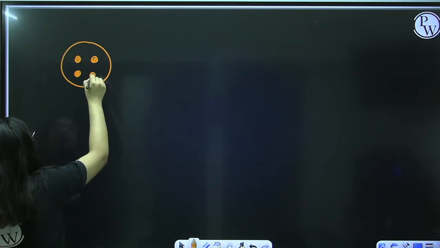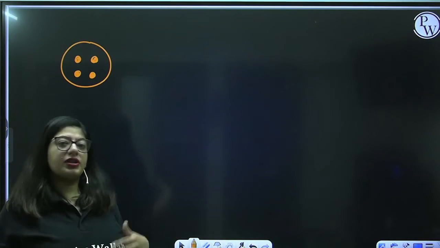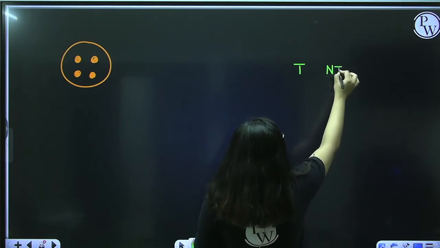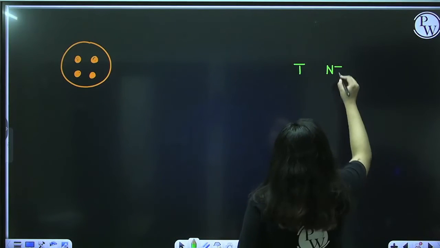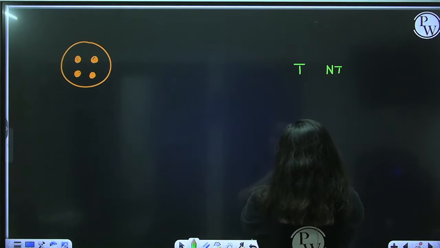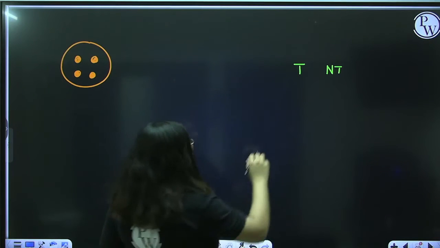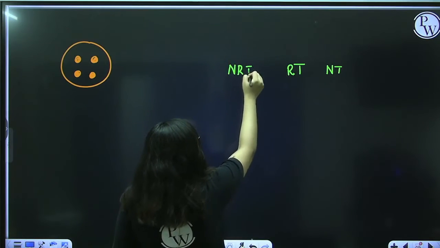Now you need to identify out of these which are transformants and which are non-transformants, and which are recombinants and which are non-recombinants. So we have transformant bacteria and non-transformant bacteria. In transformants we have two categories: recombinant transformants and non-recombinant transformants.